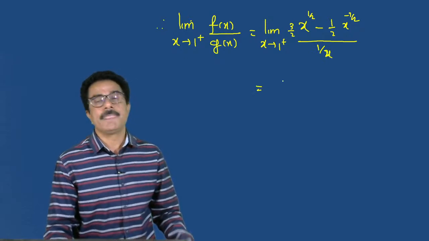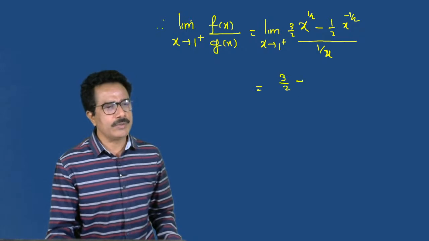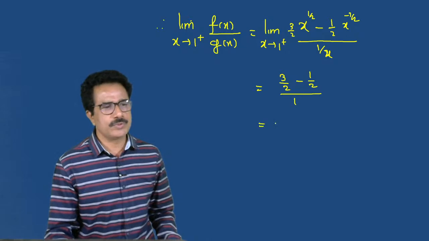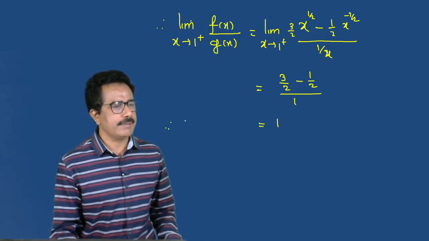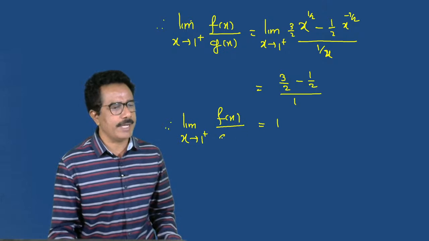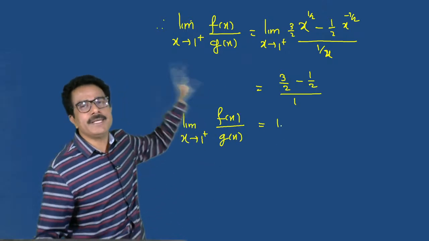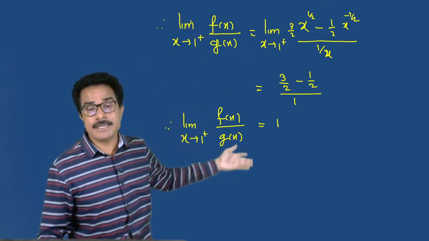Now put the limit, the value of x as 1: 3 by 2 minus 1 by 2 divided by 1. So 2 by 2 means 1. That means the limit of f of x divided by g of x equals 1. That means the limit exists and is a real number.